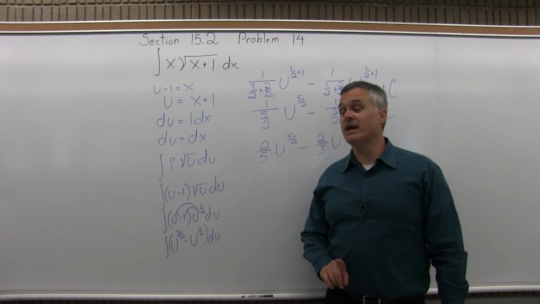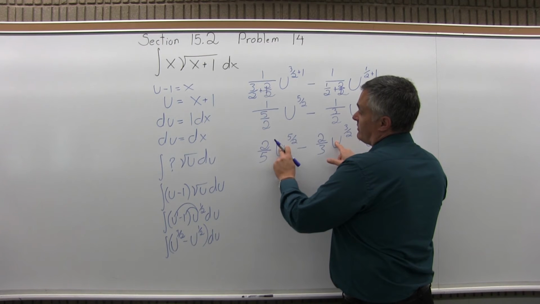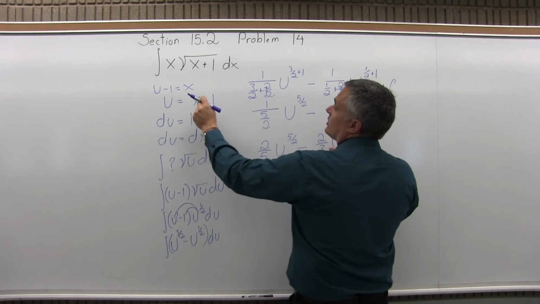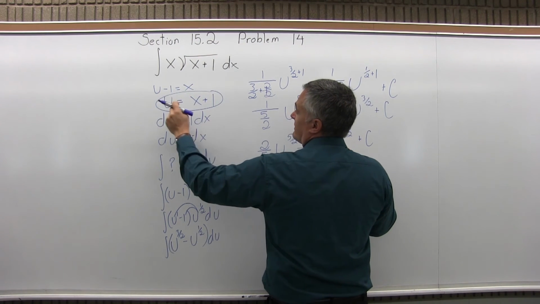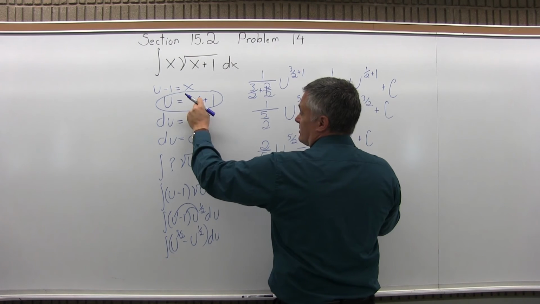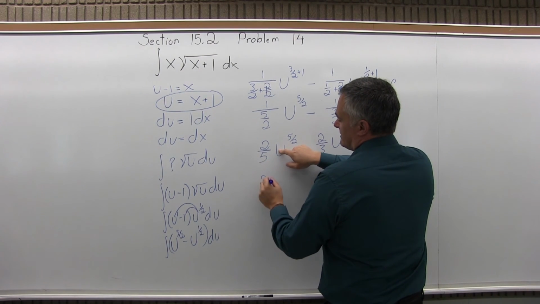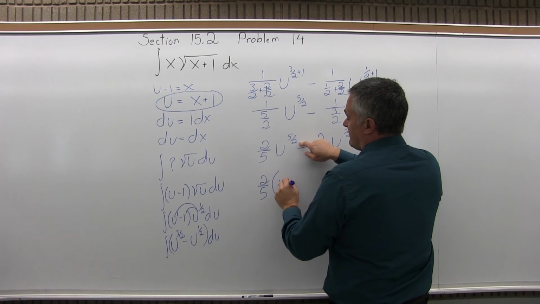Keep in mind, it's not done yet. Why? Because I have it written in terms of my new variable. This is the answer, but I want the answer written in terms of the original variable, x. But I have exactly what u is equal to. It's equal to x plus 1. So the first part, 2/5 in front, stays in front. u to the 5 halves becomes x plus 1 to the 5 halves.